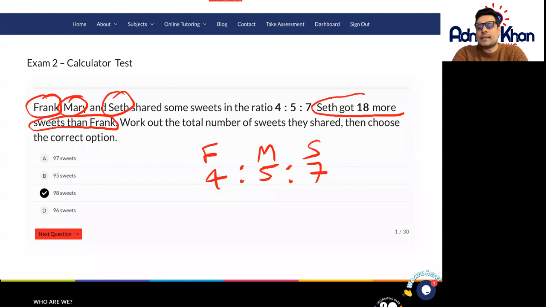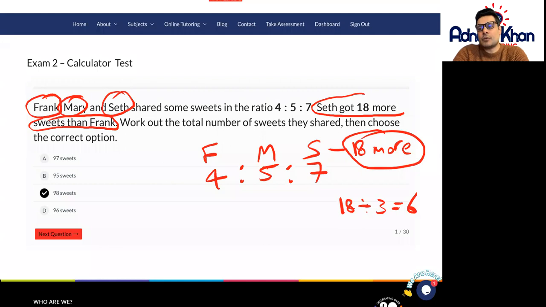18 more sweets than Frank. Now, because we've got that key number there, 18, and we've got 3 characters in this question, let's do 18 divided by 3, which gives us 6 in total.